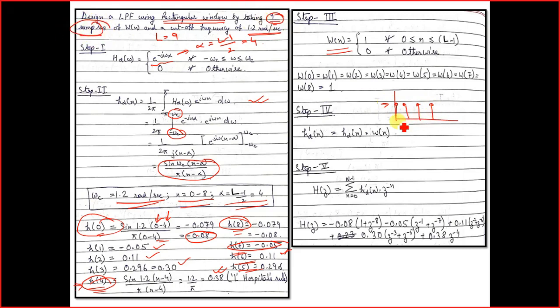So Wn is equal to 1 for n equals 0 to L minus 1, and L minus 1 is 8. So for n equals 0 to 8 we will have values of 1, otherwise we will have 0. So W0, W1, W2 all have a value of 1.